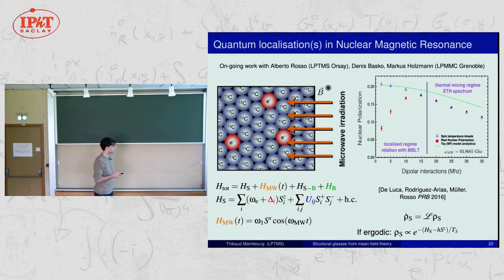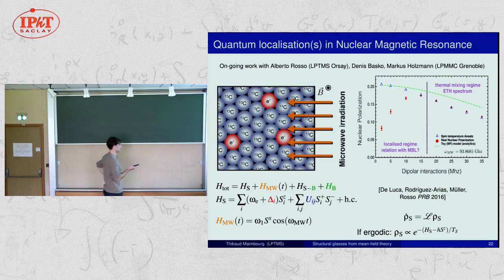It's a typical condensed matter system that arises in nuclear magnetic resonance. You have, for example, an organic piece of material with carbons, hydrogens, and free electrons, and you perform a nuclear magnetic resonance experiment in order to exchange the polarization from the electrons to the nuclear spins.